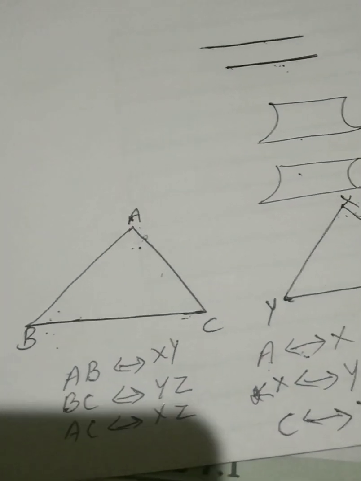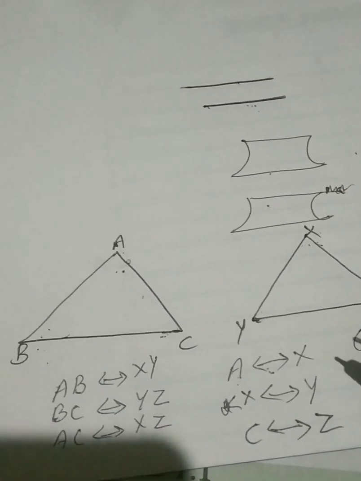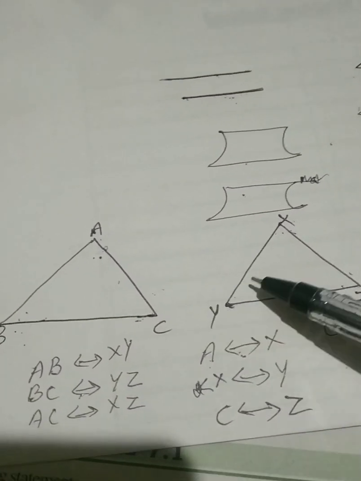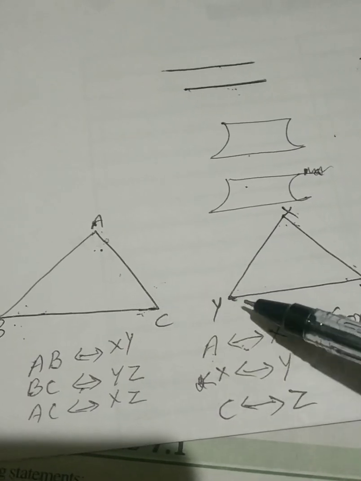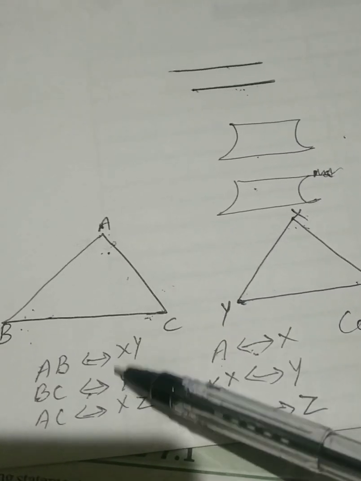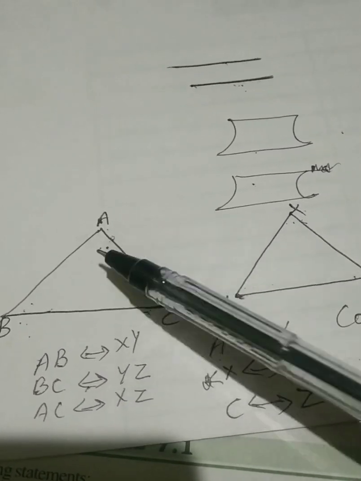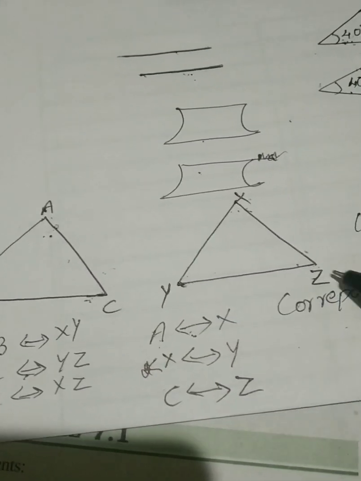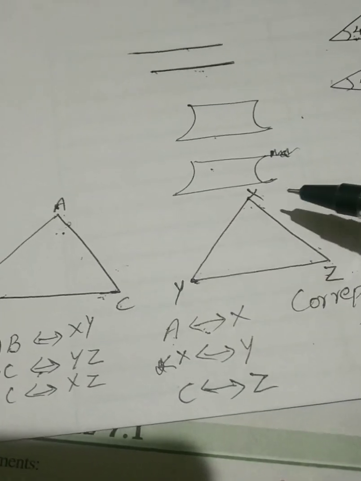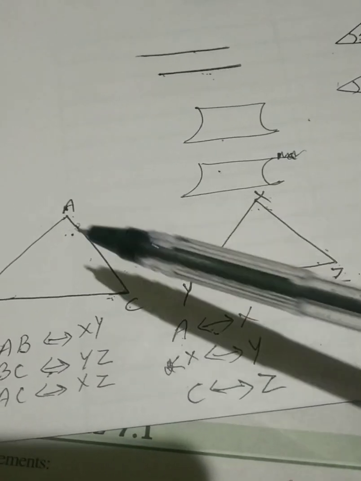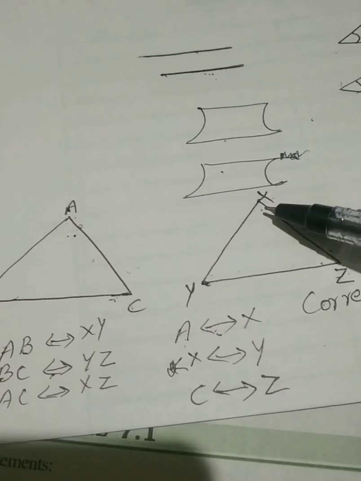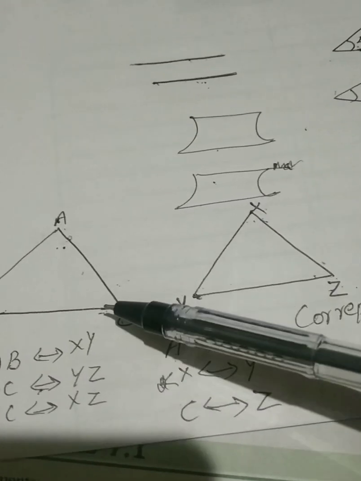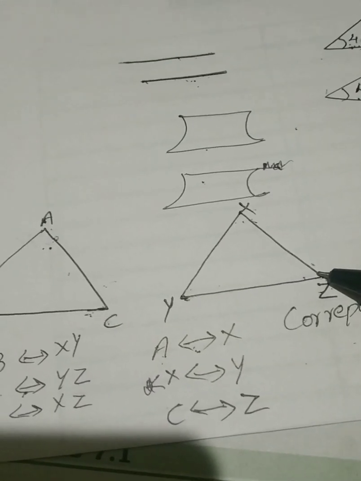These are the congruent parts of this triangle: AB corresponds to XY, BC to YZ, AC to XZ. Also, A corresponds to X, B corresponds to Y, and C corresponds to Z.